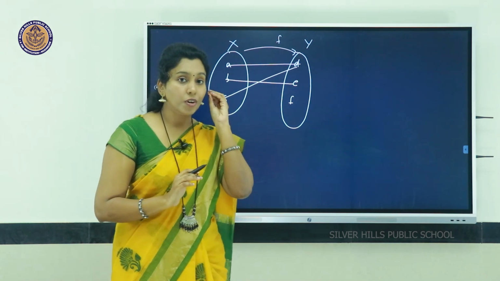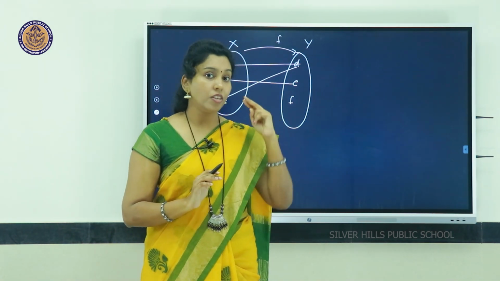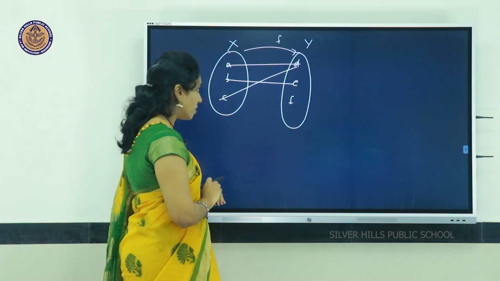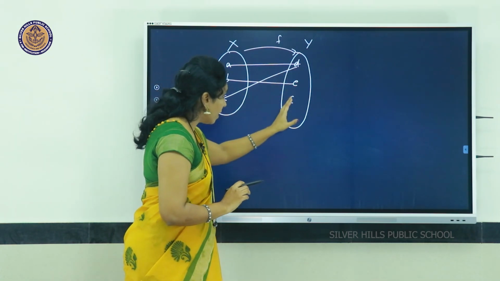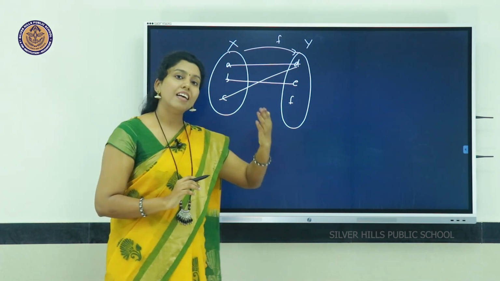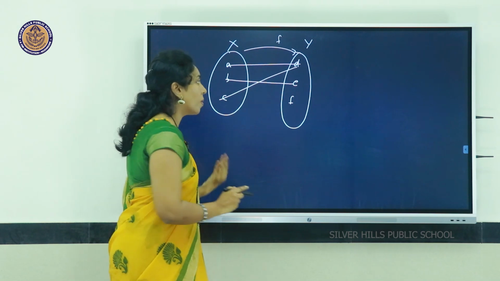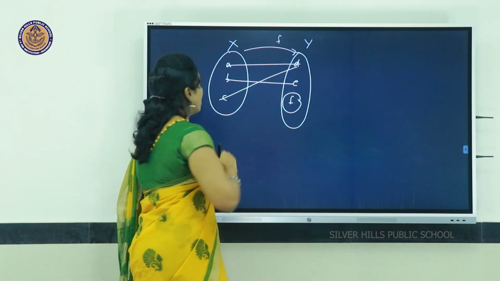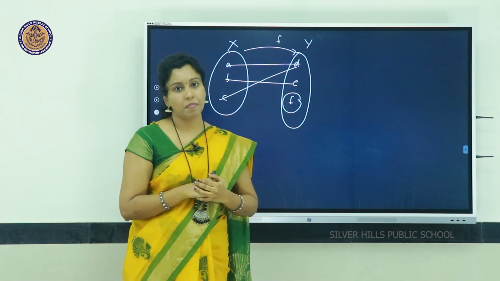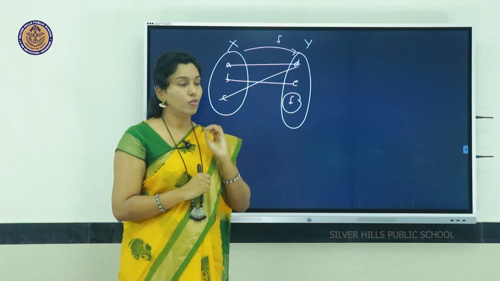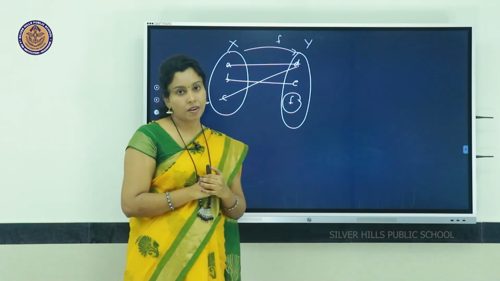So, when you see the word onto, where do we check? The second set. We just check whether every element in the second set has a pre-image. So, D has, E has, but what about F? F does not have a pre-image there. So, I can conclude this is not an onto function because F does not have a pre-image.